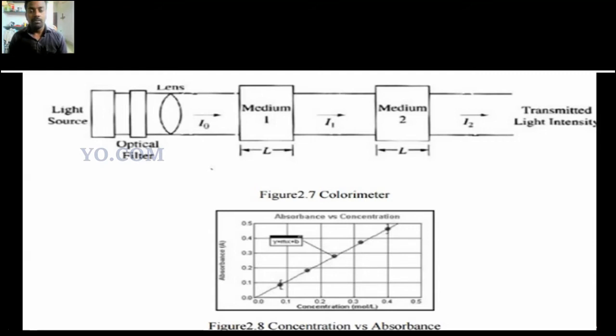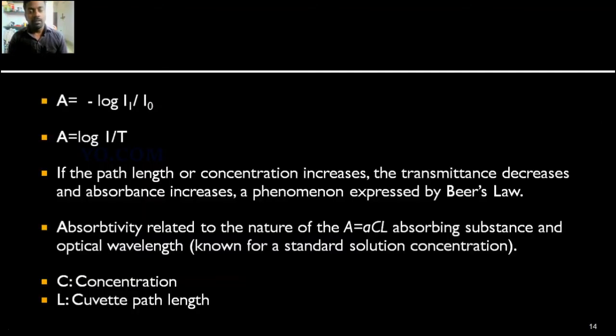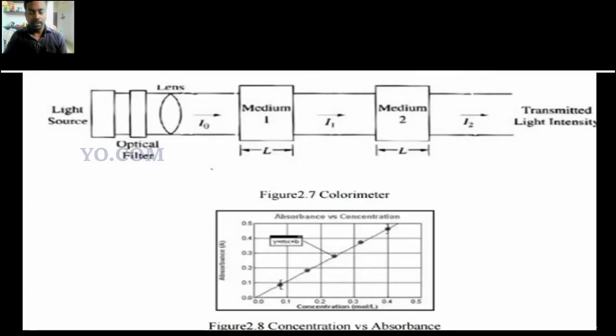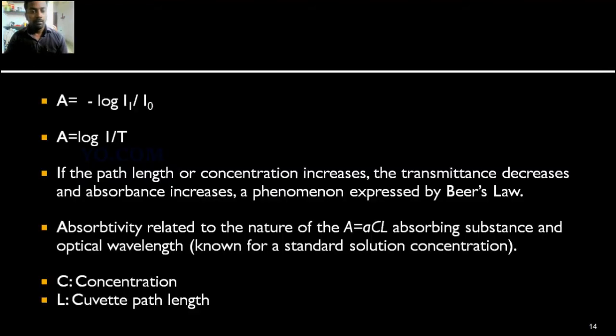That is the intensity of the first stage divided by I0, the intensity of the pure light. So A equals log of 1 by T. L is the path length. If the path length or concentration increases, the transmittance decreases. So when the path length or the liquid concentration increases, the light passing through the particular substance decreases, because the concentration stops the light.